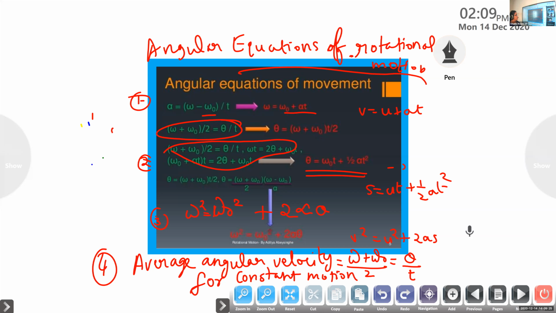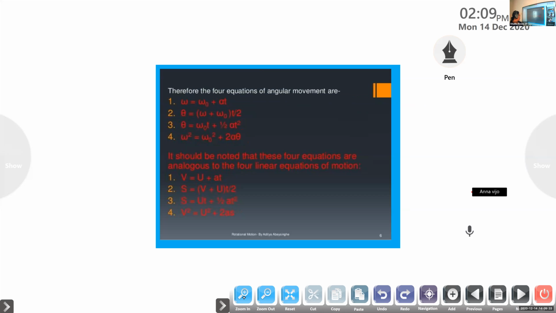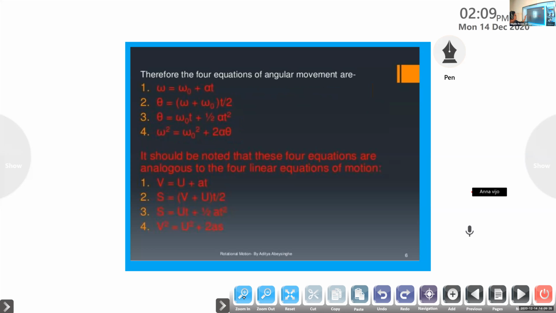Can I change? Okay. So this is a summary of that. Four equations as well as a summary of that. Omega 0 and all that. You can just take a screenshot if you want. You already have it written. If you want, you can just take a screenshot of this slide, it is enough. You don't have to copy.